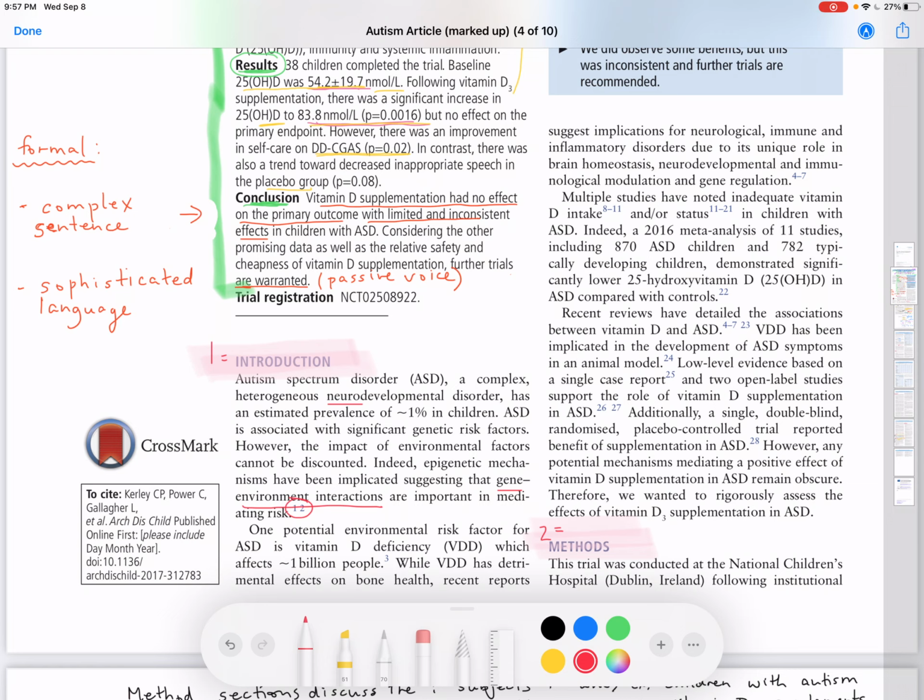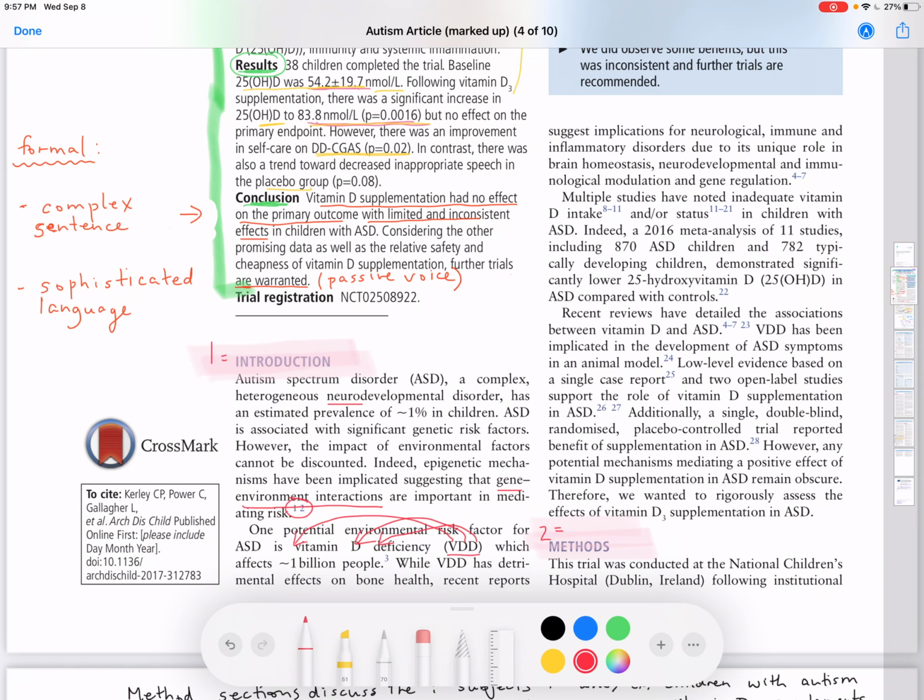One potential environmental risk factor for ASD is vitamin D deficiency. And we have an acronym, okay? Vitamin D deficiency, VDD. You can see how it was constructed.